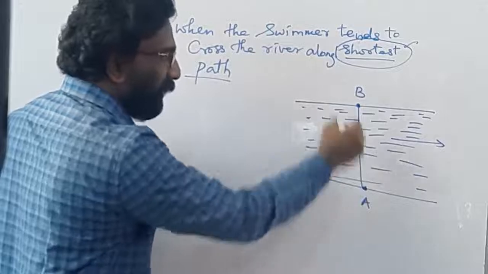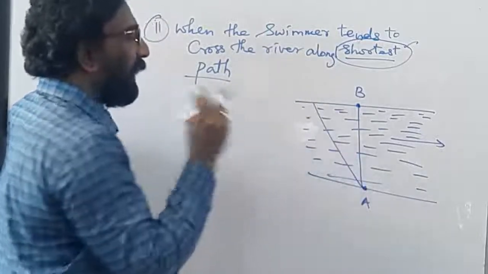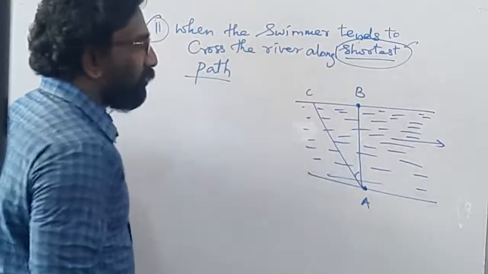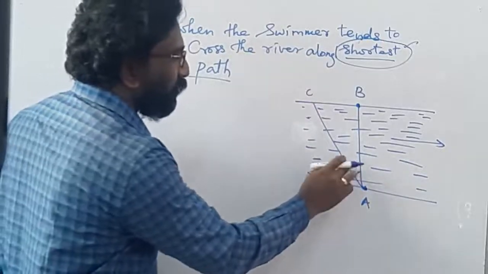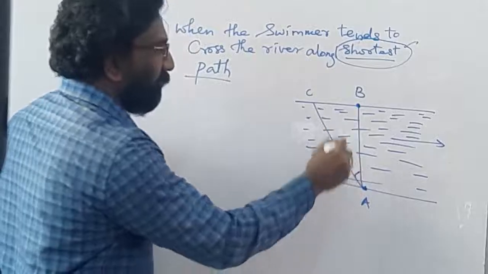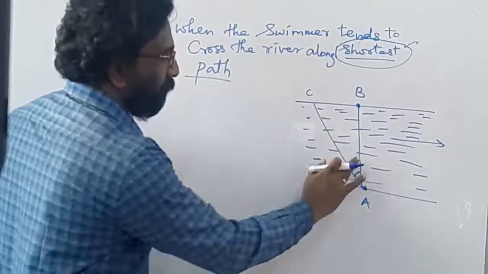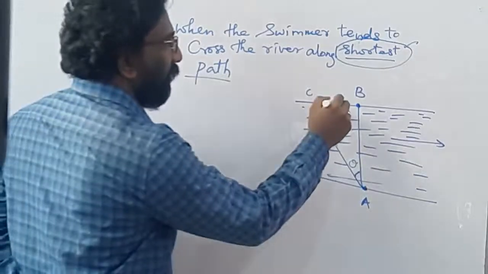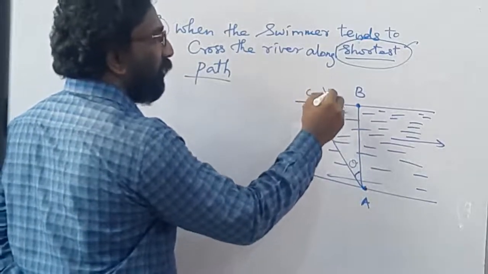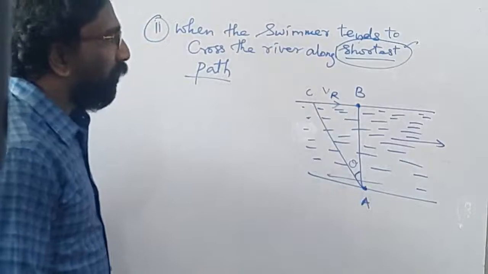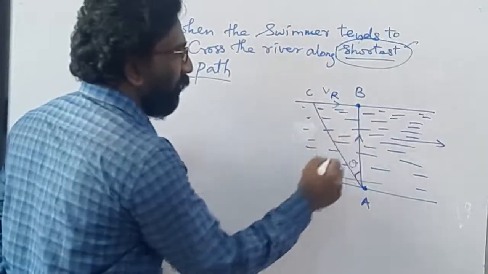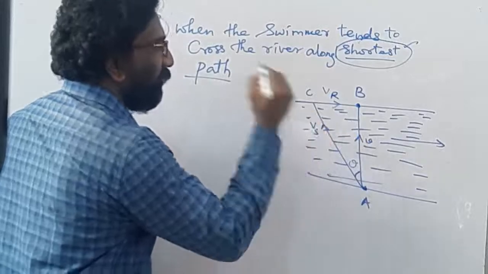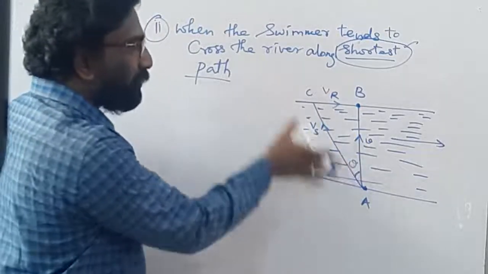Let this be the angle by which he has to swim, let it be theta. This is your Vr, that's the flow of the river, and this will become your V, and this becomes your Vs.